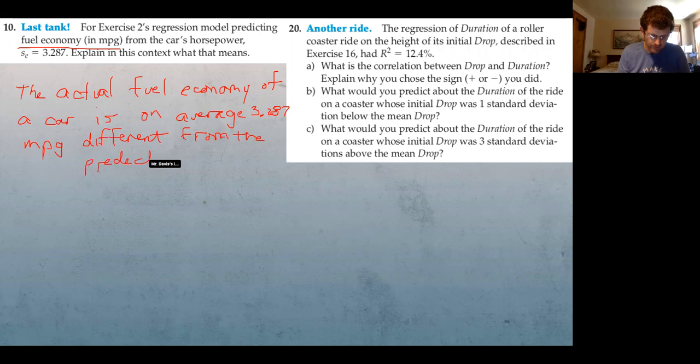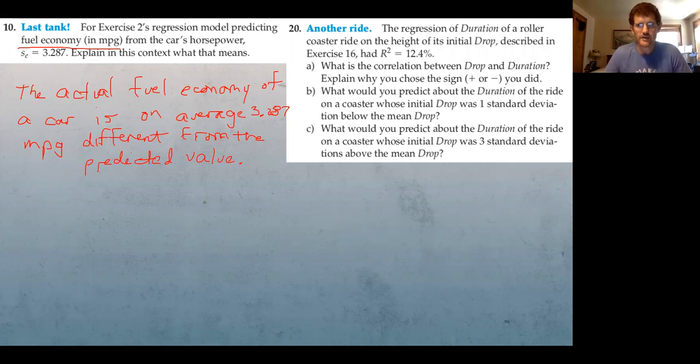All right. So I might not phrase it exactly the way the book would, but it's showing that there's an understanding. Okay. So hopefully that one's clear enough. That's really all you have to do with that question. Not much more to it.